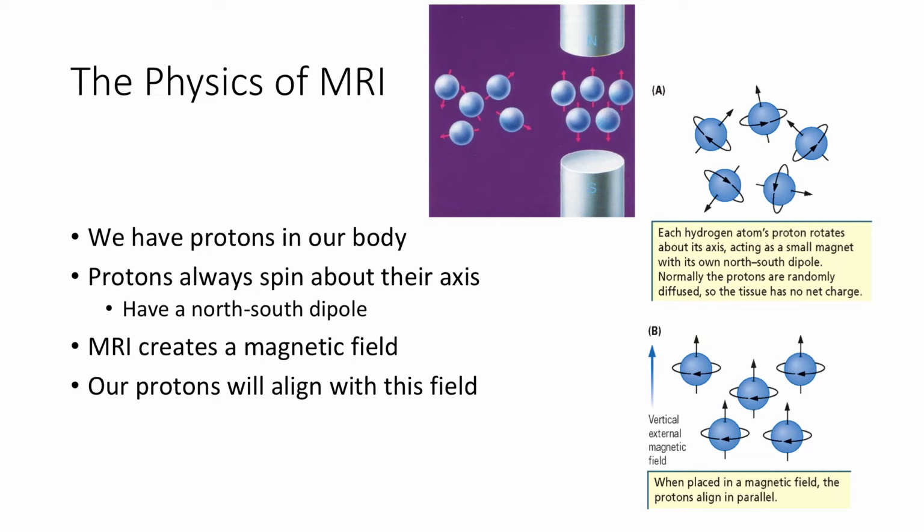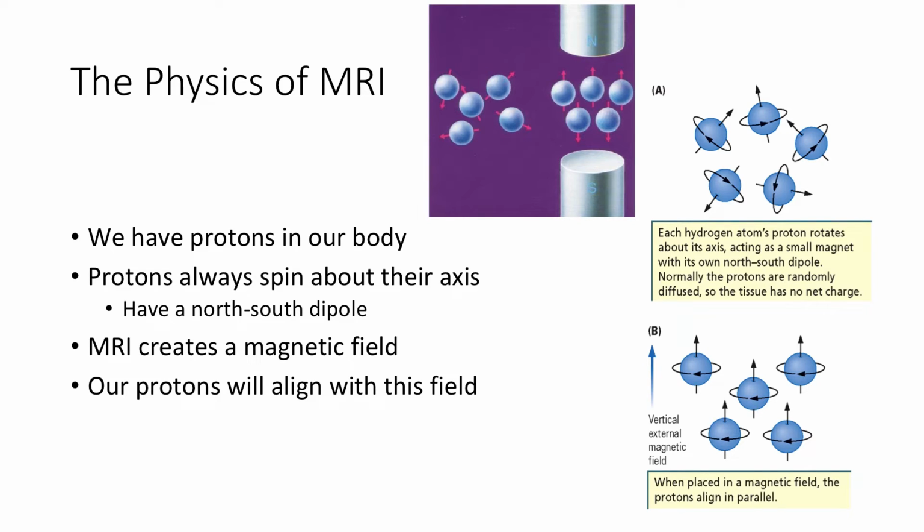Okay, so let's dive a little deeper into the physics behind magnetic resonance imaging. MRI is based on the principle that our body and brain consist of soft tissue, which contains water, and water contains hydrogen atoms. These hydrogen atoms have a nucleus with a proton, and each proton spins or rotates around its axis, and it technically acts as a small magnet because it has its own north and south dipole.